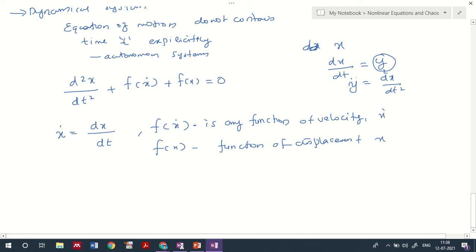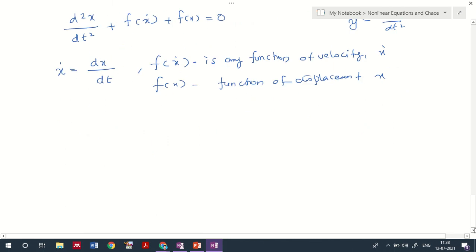Now, in that representation, let me make it a bit more clear. Let me just take the example of this equation. I can represent this equation as y is equal to x dot, where dx by dt is equal to x dot, that is equal to y.